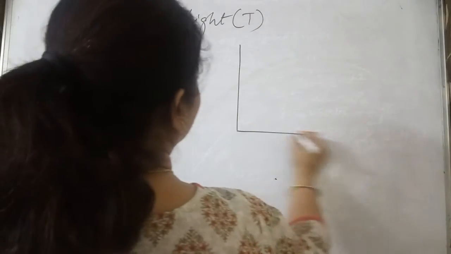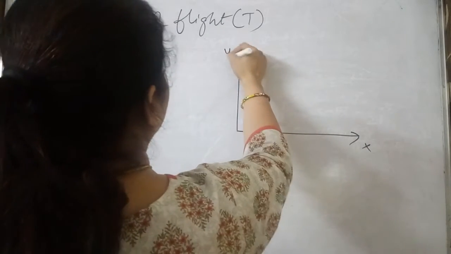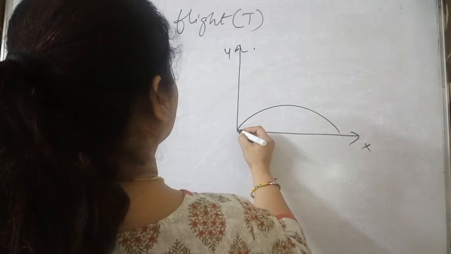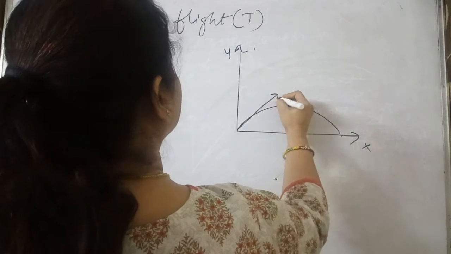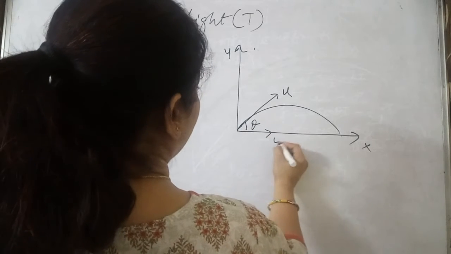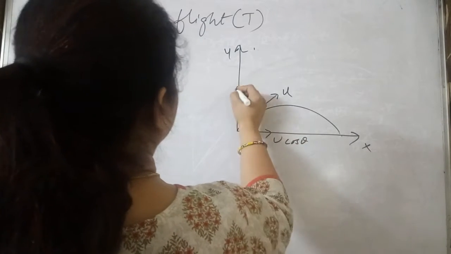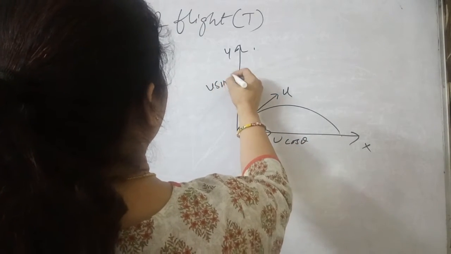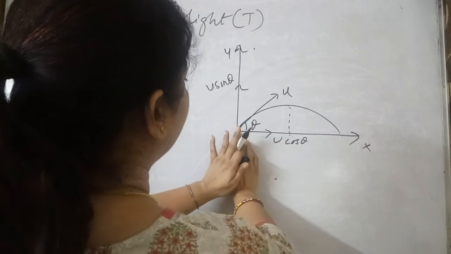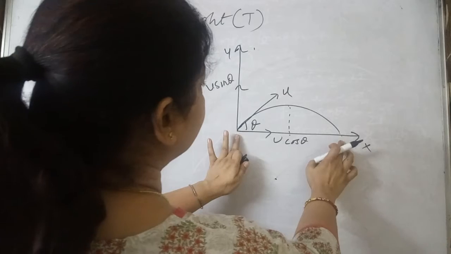Let's start. We do it with the same figure. This is the x-axis, this is the y-axis, this is the initial velocity u, this is theta, and this comes as u cos theta, and this comes as u sin theta. Let us assume the time of flight is the total time taken to start from here and reach here.